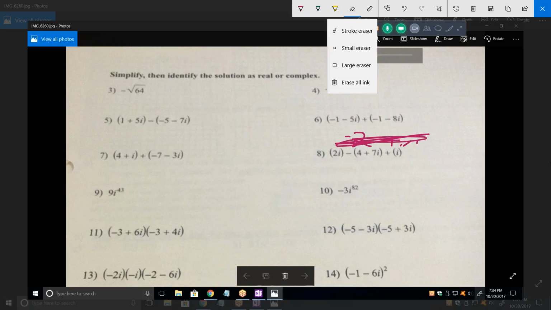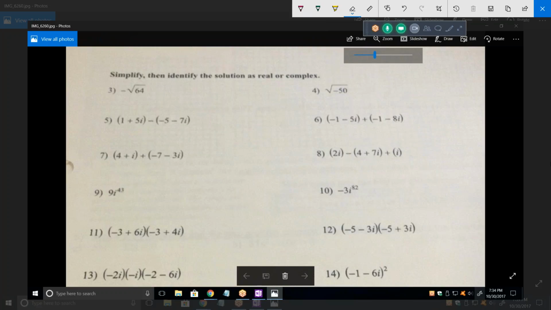Whenever there's an addition sign right there, that means I can remove the second set of parentheses. And I can always remove the first set of parentheses, whether that sign is positive or negative. So if I remove both parentheses, here's what I get.